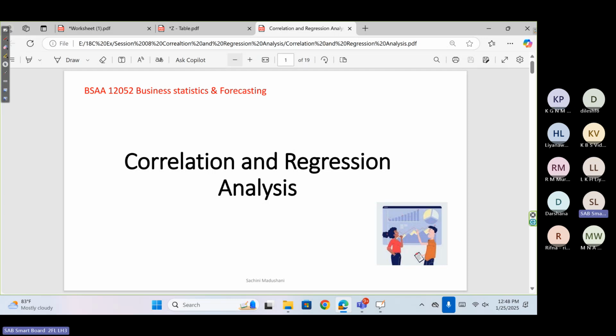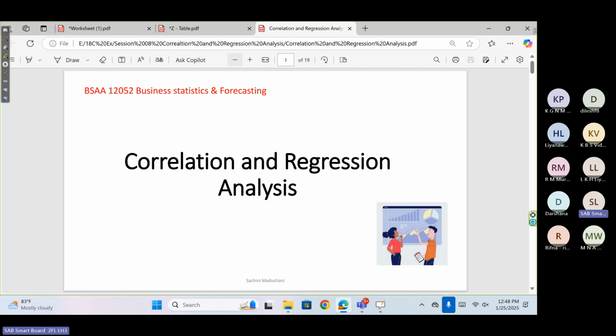Another thing is I uploaded assignment number 1 to the LMS. The deadline is 30th January, midnight. To do that, scan the document and upload it. It consists of 2 questions. The first one is from the first lesson, summary measures. The second question is from the normal distribution.